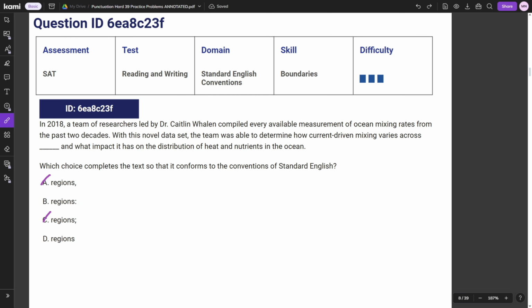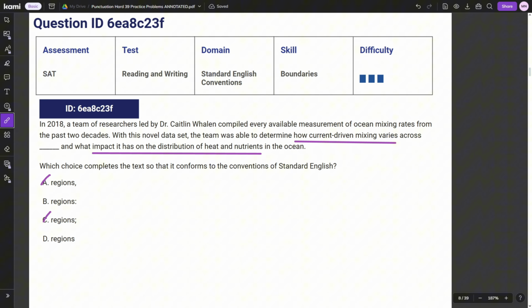And as I've said a million times, 90% of the time it's never going to be the answer without any punctuation. But just to check, let's go ahead and look at the sentence with the blank. Now once you finish reading that, you should notice that it's just a list with 2 items. The team was able to determine, here's our first item, how current-driven mixing varies, and then here's our second item, the impact it has on the distribution of heat and nutrients.